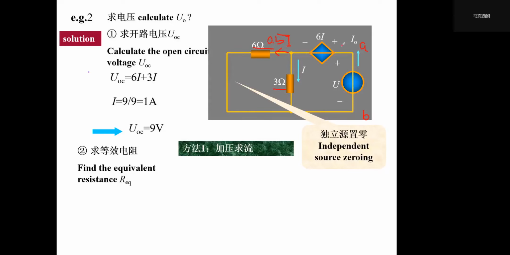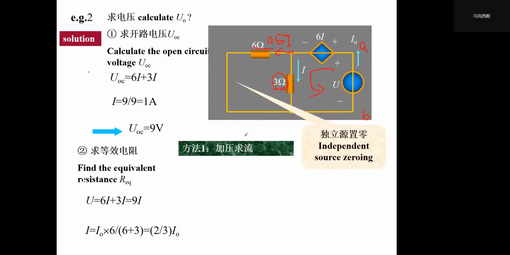So they must all go out of this node. And still we see that the voltage on the 3 ohm resistor is 3 times I, and this one is 6I. So U equals 3 plus 6, from this loop we see, is 9I.